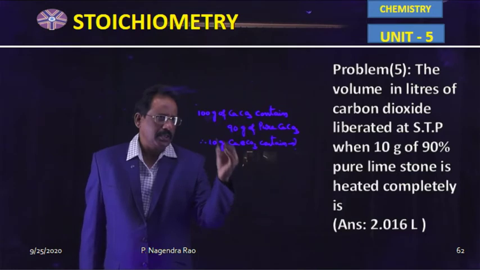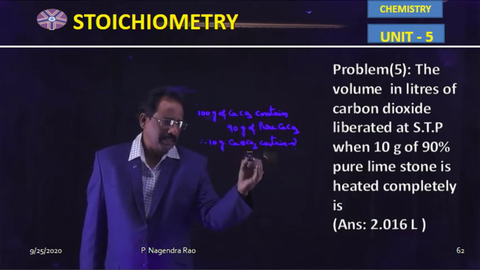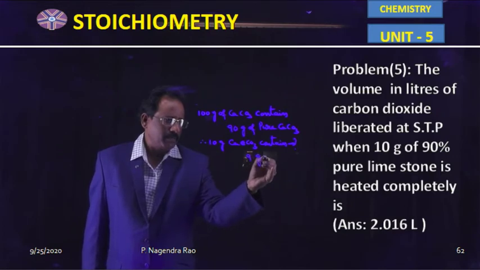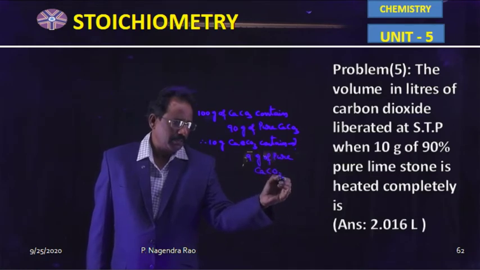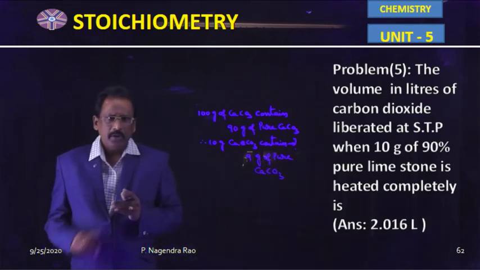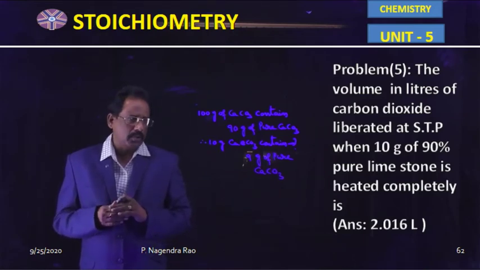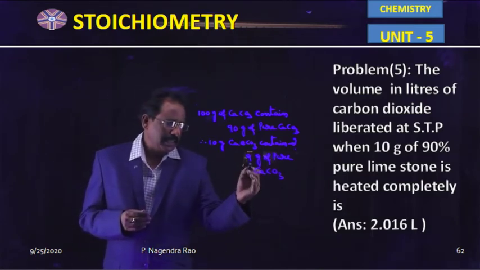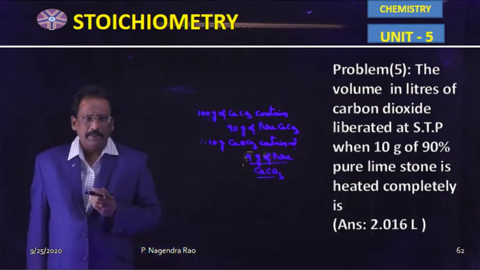So this is equal to 90 divided by 10, that means 9 grams of pure limestone, pure calcium carbonate. So 10 grams of 90% pure limestone is nothing but 9 grams of pure calcium carbonate.